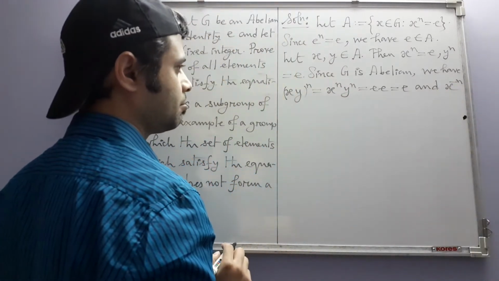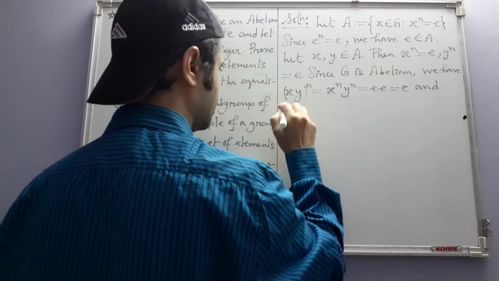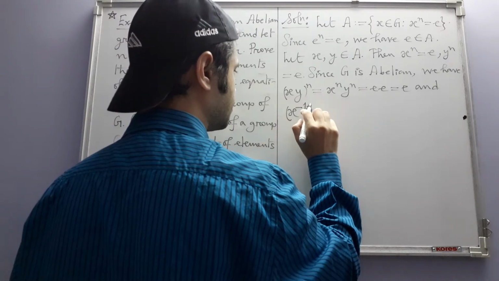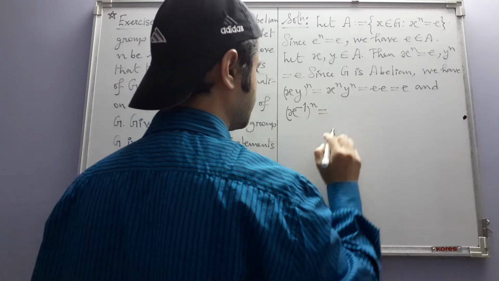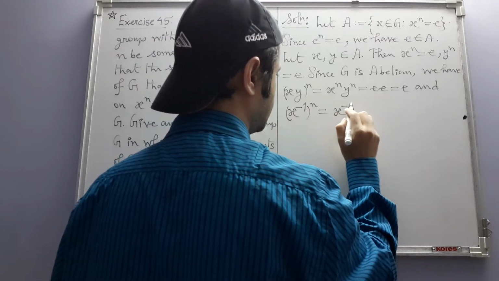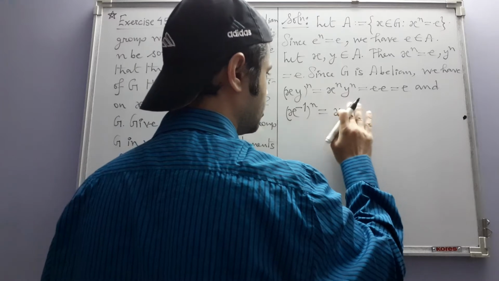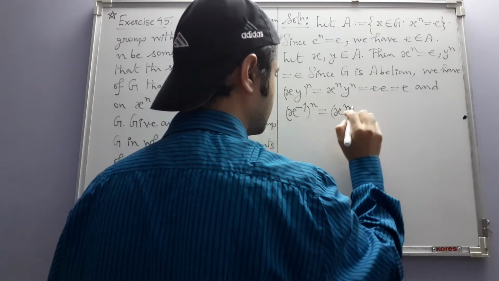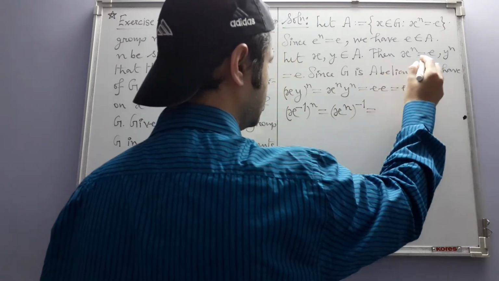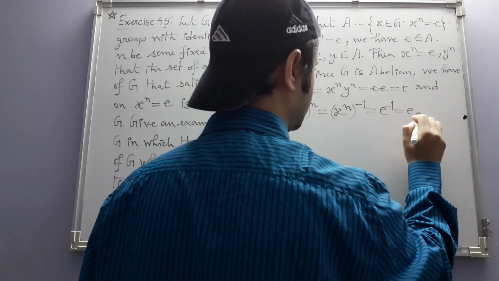And instead of writing x to the power minus N, let's write this. By one of the rules of exponent, we can straight away write this. So using this equation we get E again.